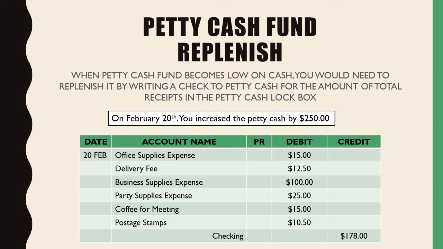On February 20th, you increased the petty cash fund by $250. Yes, we've recognized that, but now we're also going to reimburse, or replenish. We call it replenish. So this was the last thing that we did here. Now we're going to replenish our petty cash fund.